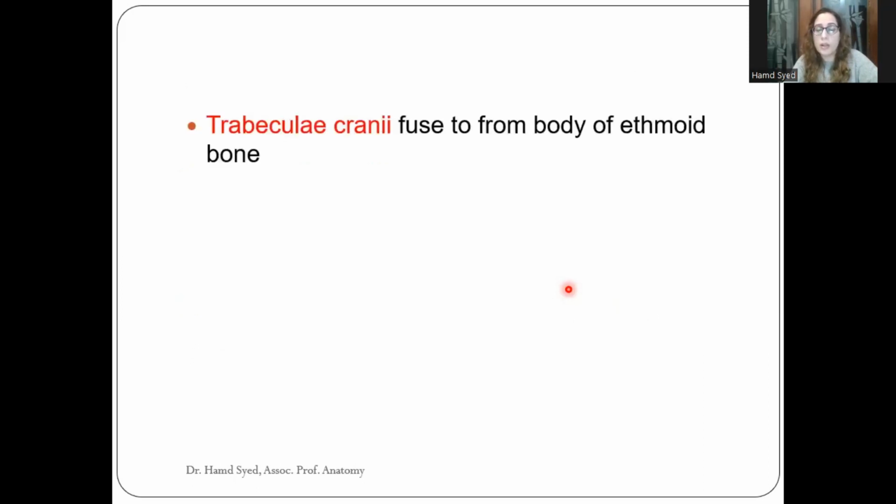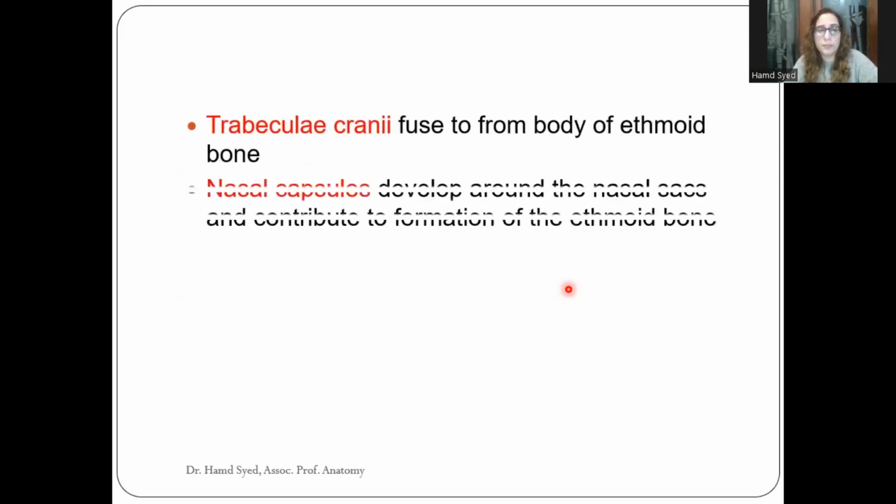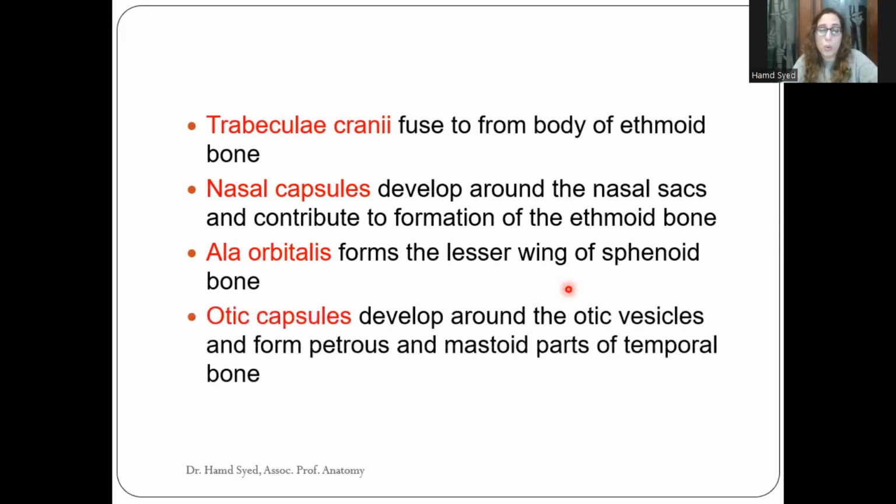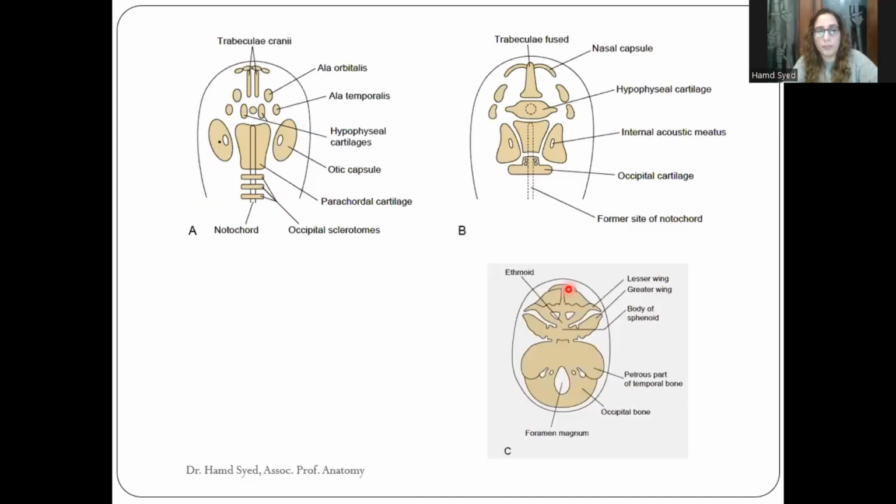The trabeculae cranii fuse to form ethmoid bone. Nasal capsules also develop around nasal sacs, and they contribute to formation of the ethmoid bone. Ala orbitalis is a piece of cartilage which appears and forms the lesser wing of sphenoid bone. Otic capsules, as I showed you in the diagram, develop around otic vesicles, and they form petrous and mastoid parts of the temporal bone.